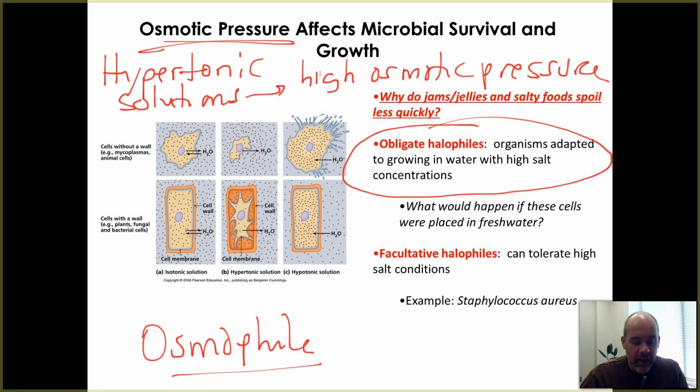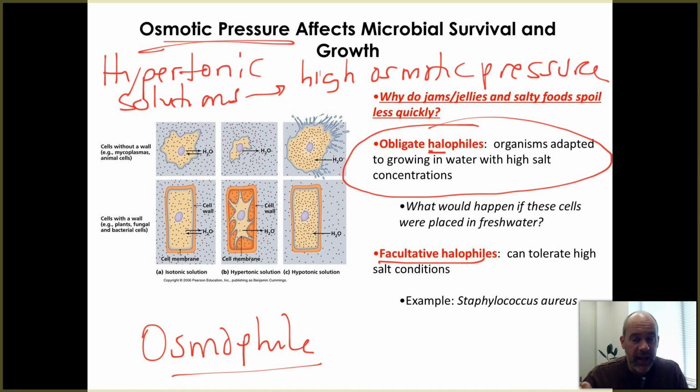An obligate halophile, halo refers to salt. There are microbes that like sodium salt, organisms that are adapted to growing in water that has a very high sodium concentration. And you can also have facultative halophiles. Remember, like facultative anaerobe, that is an organism that prefers oxygen but can grow without it.